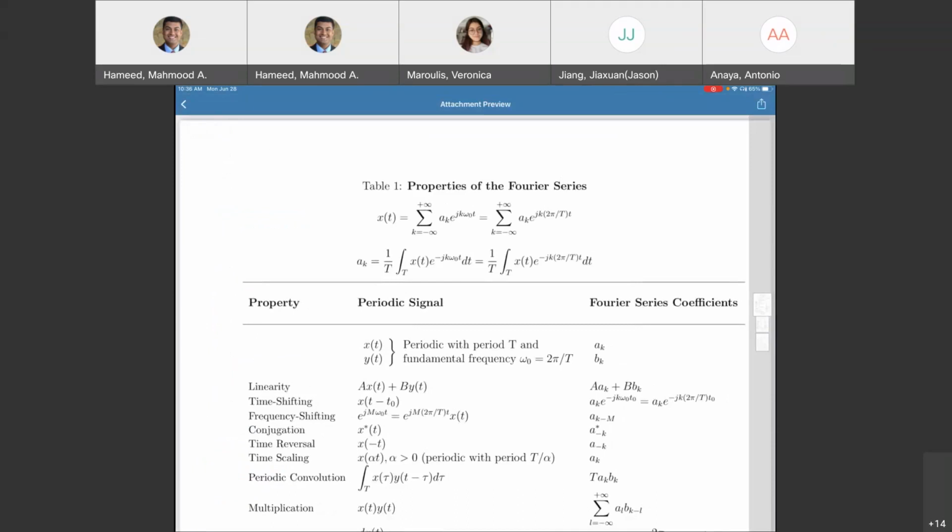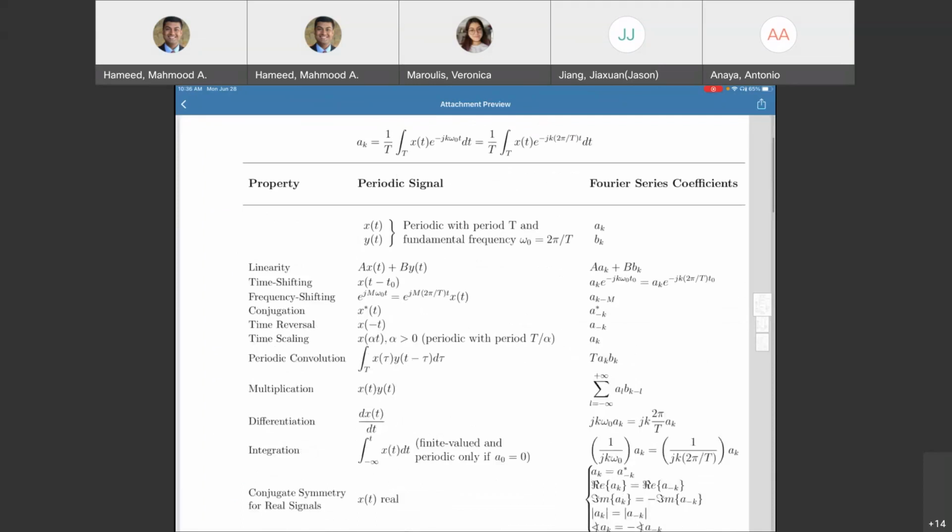So I'm trying to say that you don't need to remember these things, but you do need to know where they are and how to apply them. Let me go back. So the linearity property is what we proved. The first one, and we are looking at time shift, frequency scaling, and all that as we go on.